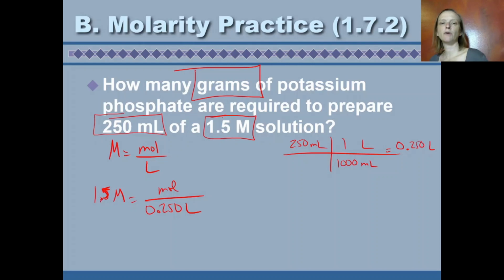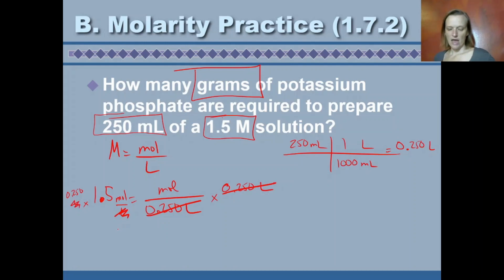And again, you may prefer to write that as moles per liter, so that when you multiply both sides of the equation by 0.250 liters, you can see that the units cancel out and you get as your answer 0.375 moles as your number of moles of potassium phosphate.